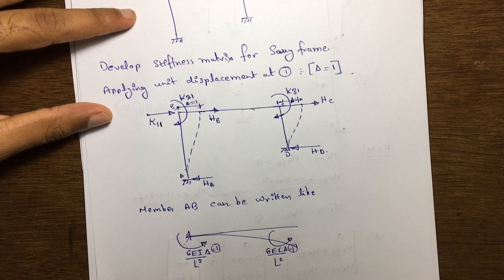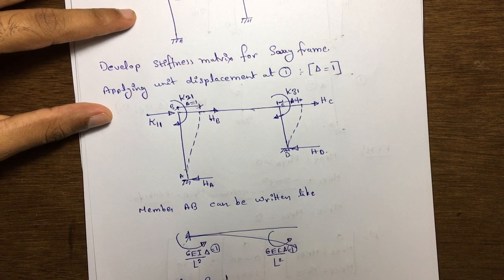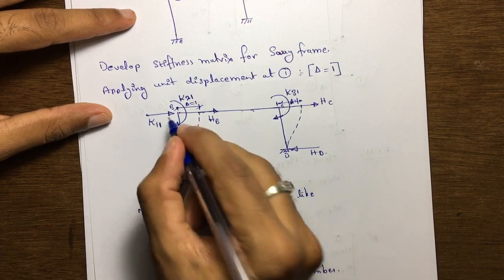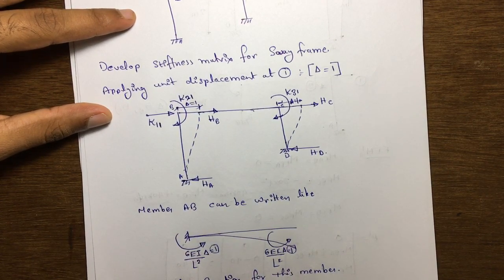Therefore we have to find the support reactions for this member. Whatever reactions we consider, we take this as HA, this is HB. Then this is the moment going to develop because of that deflection, that is 6EI.